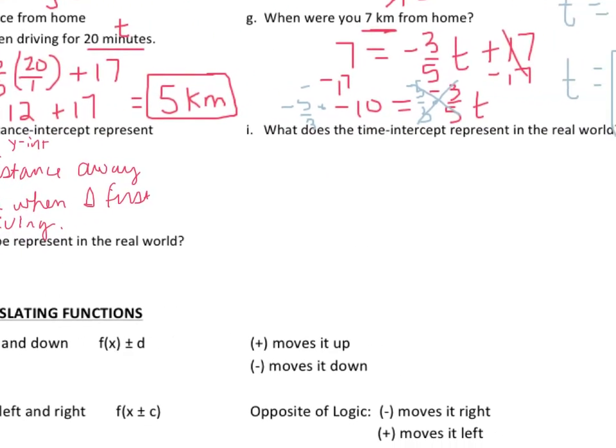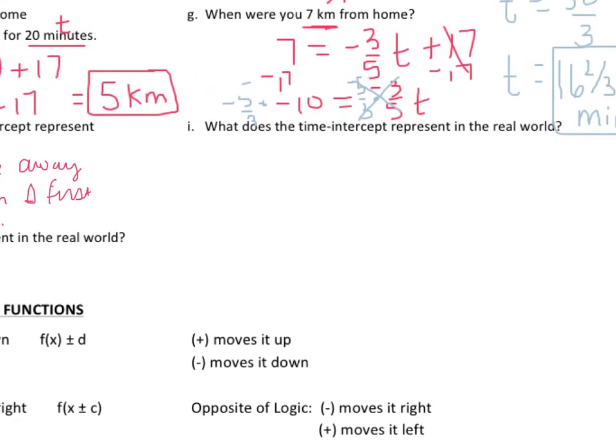Okay, part I, it says, what does the time intercept represent in the real world? So we've got our graph here, and if you remember, the time is down here. And so this would represent when the distance is 0, how long I've been driving.